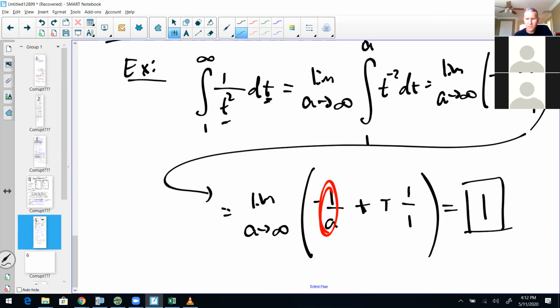And so that is my answer. If I take 1 over t squared and take the integral from 1 to infinity of that with respect to t, that's just going to be 1. Okay? So that's the basics, or a quick review, on improper integrals. Anything else I can do for you?